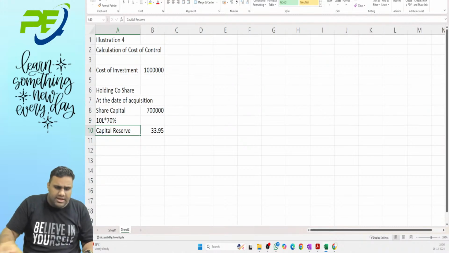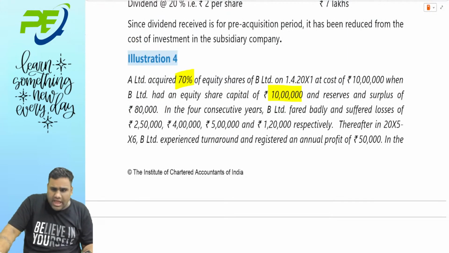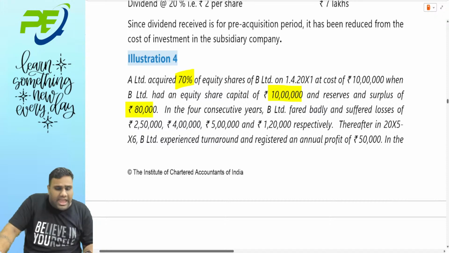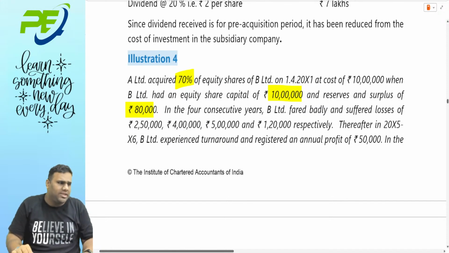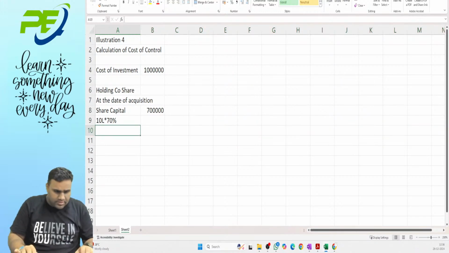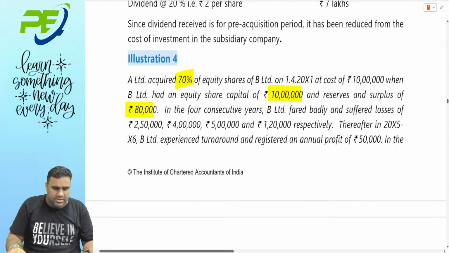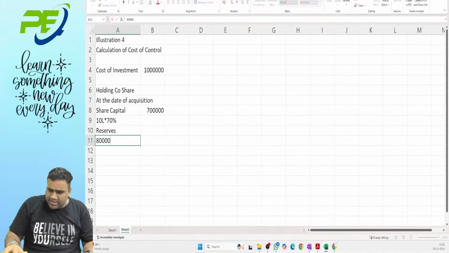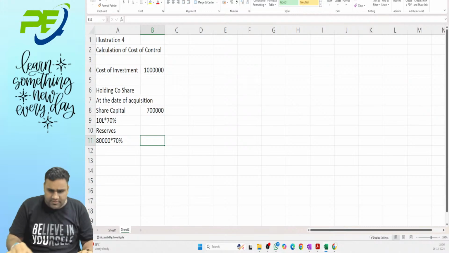Then reserves. How much reserve did they add? Can I record the entire 80,000? Only 70%. Reserves: 80,000 into 70% is 56,000.